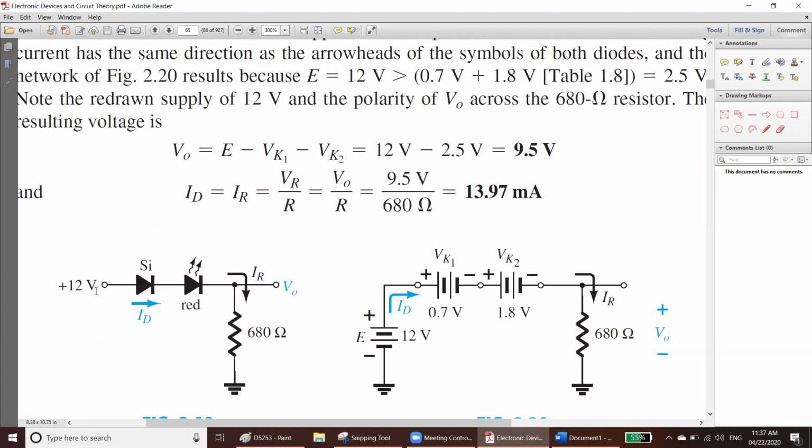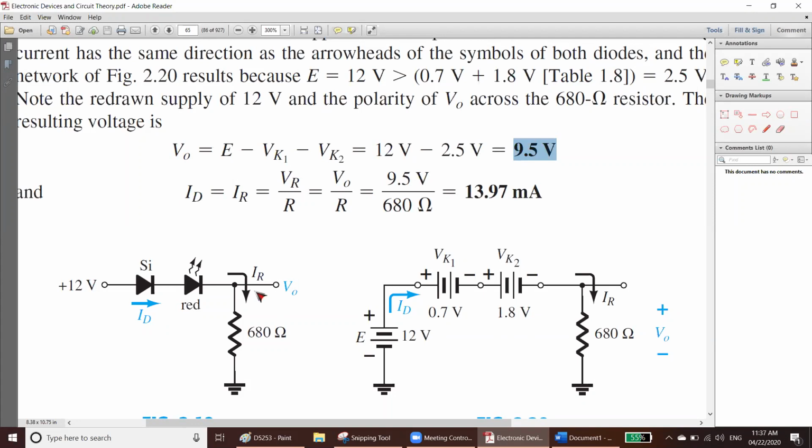Your E is this one, your VK1 is this one, your VK2 is this one, and that is the VO. That is after two diodes. VO should be 9.5 volt because 12 volt minus 0.7 minus 1.8 is equal to 9.5 volt.